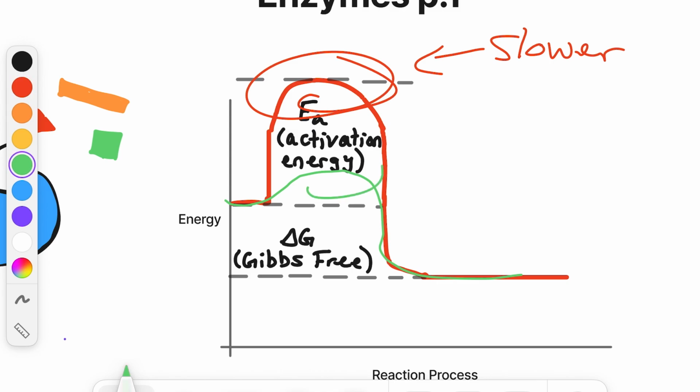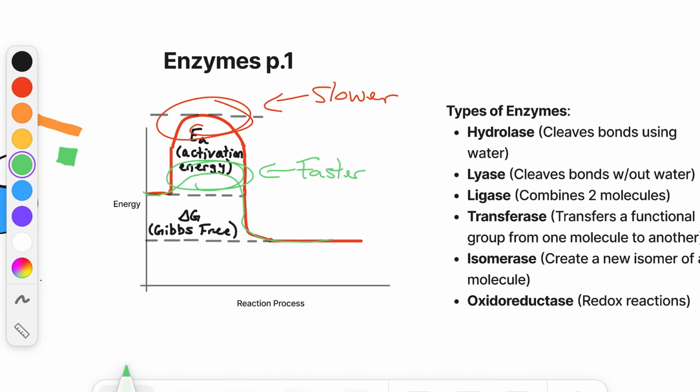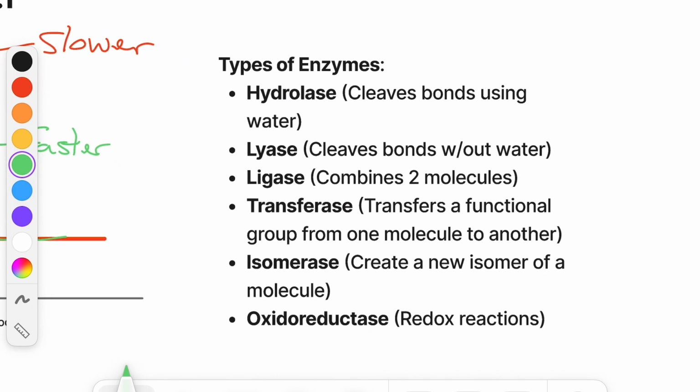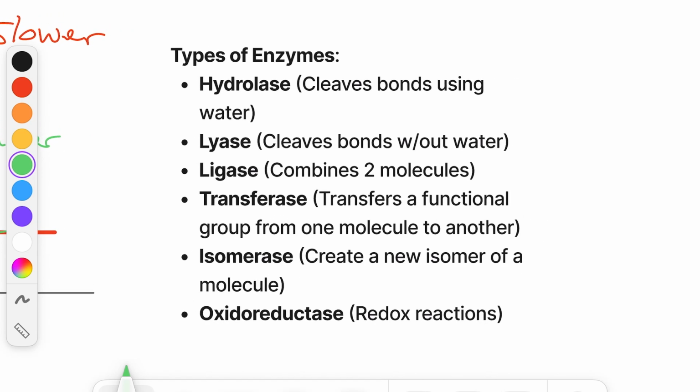But the lower the activation energy, the faster it is. So the enzyme is only affecting the speed. And you'll get a lot of questions about that specifically, like what does an enzyme affect? It's only the speed.